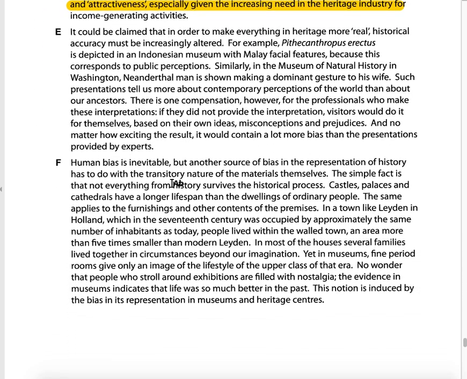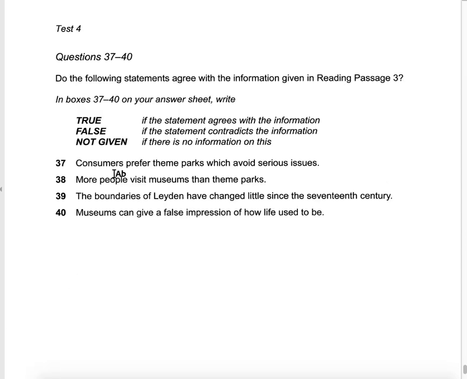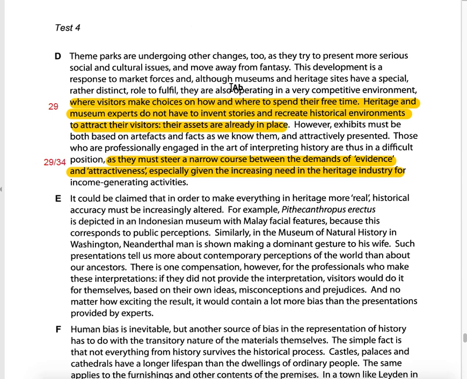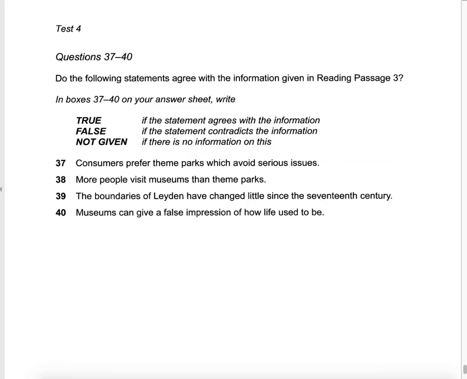Okay, paragraph E, or let's remember here. Consumers prefer theme parks which avoid serious issues. I think I read something about that. Looks like it's the opposite.